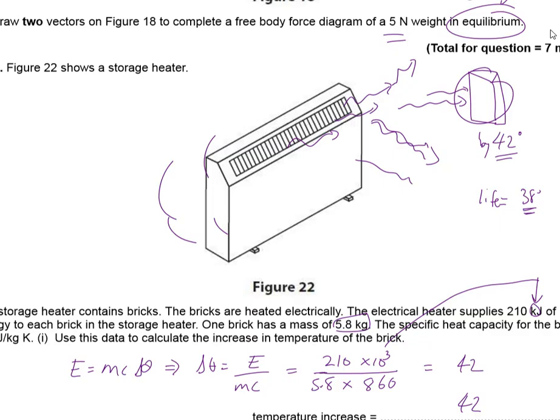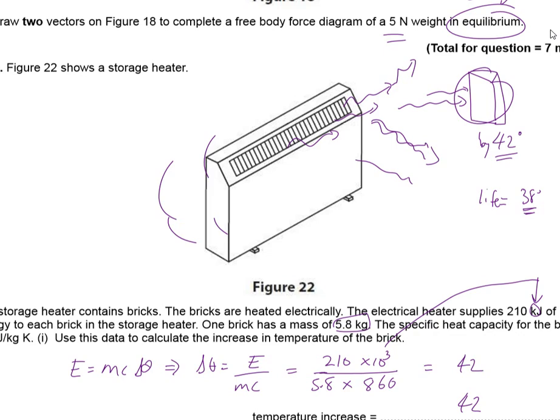What's actually happening? First of all, not all the heat goes to the brick. Second, if not all the energy goes to the brick, where is it going? It means that the heat has been transferred to other parts.